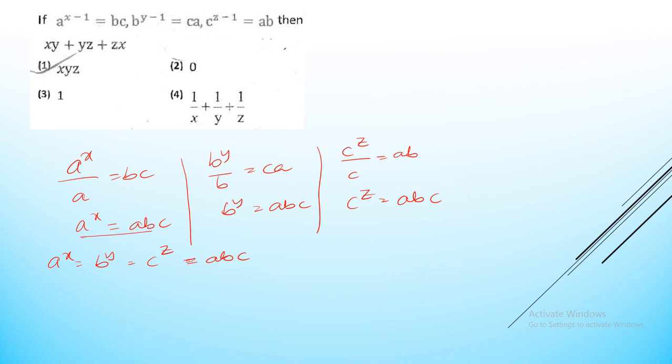By applying logarithms, what am I going to get here? x is equal to log of abc to the base a. y is equal to log abc to the base b. z is equal to log abc to the base c. Now from this, what can I write? Since I need xy plus yz plus zx, right?